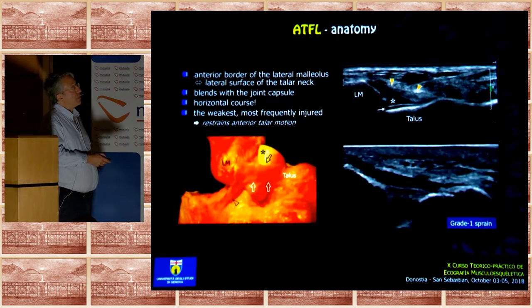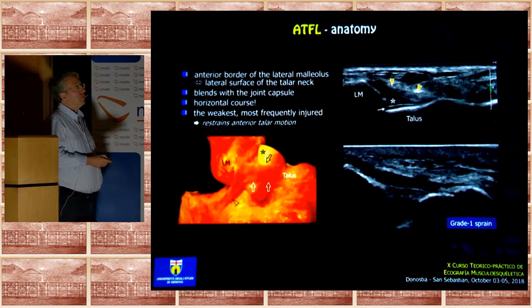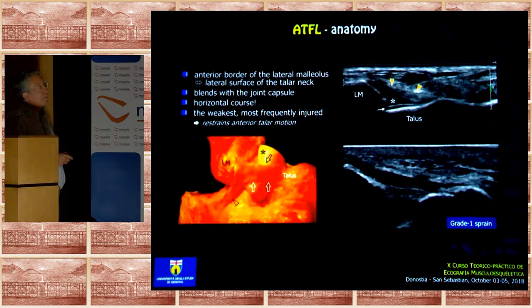So when you examine this ligament with ultrasound, it's important to remember that ligaments, like tendons, are fibrillar structures, and if the beam is not perfectly perpendicular to them, they may appear hypoechoic.